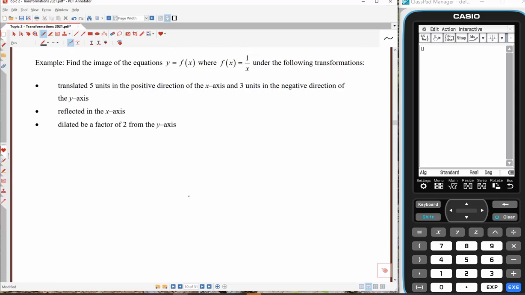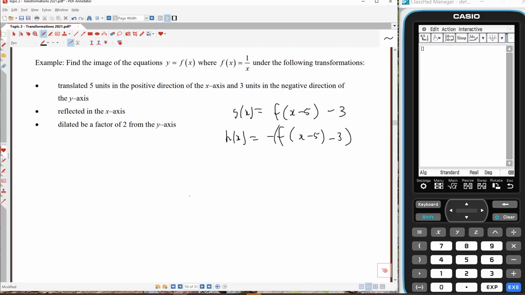Okay, and the very last question we did in class was this one here. So we started with a hyperbola and did this stuff to it. So again, just use the same approach. So g of x equals, translated 5 units in the positive direction of the x-axis. So that's going to be f of x take 5, 3 units in the negative direction of the y. h of x equals, reflected in the x-axis, negative f of x take 5, take 3, all in brackets.